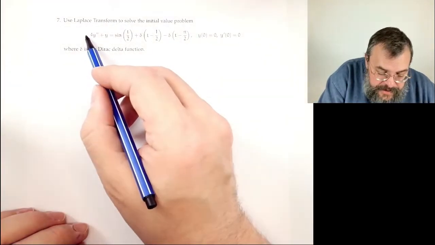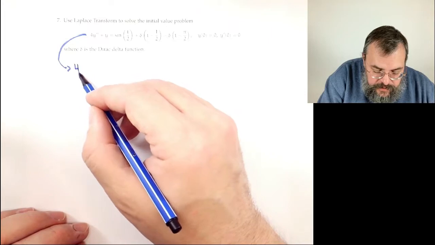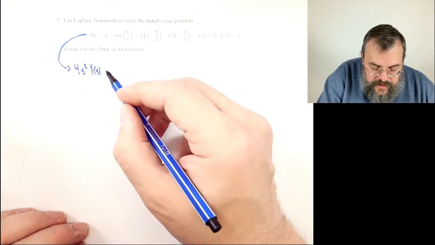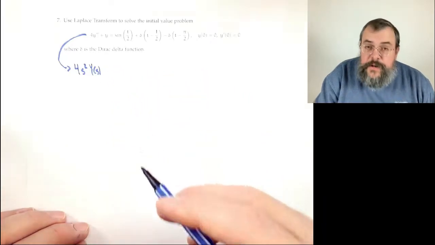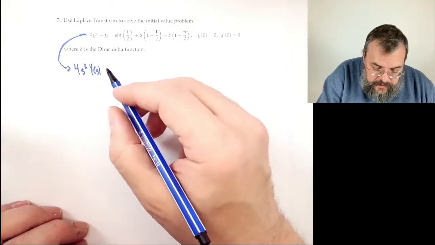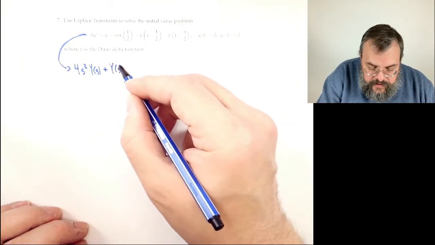So we have the following. All right, so y double prime becomes s squared Y of s, and the other terms go away. They're 0. Don't forget to do the Y. Some people did. Well, we're not going to make that mistake. Y of s.